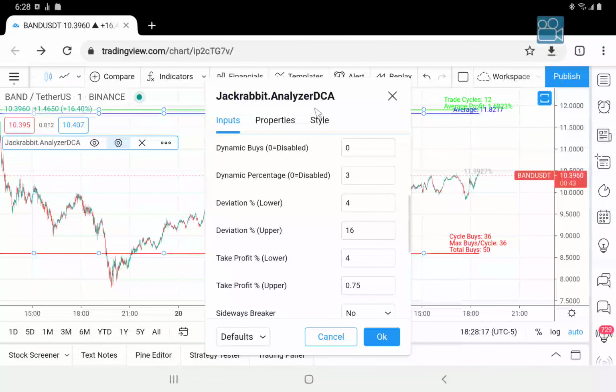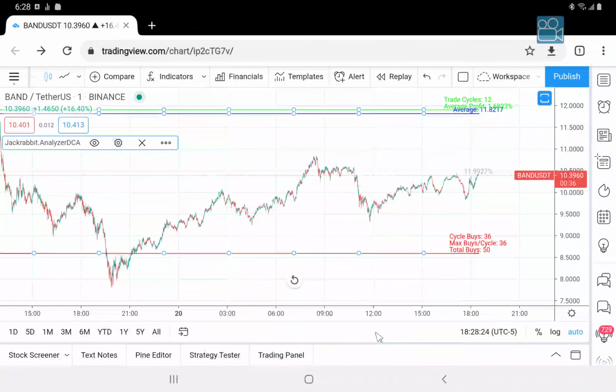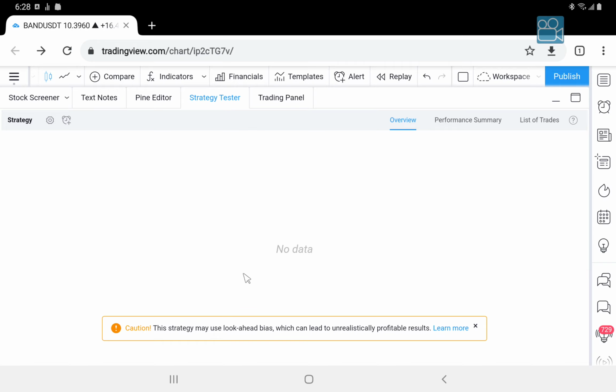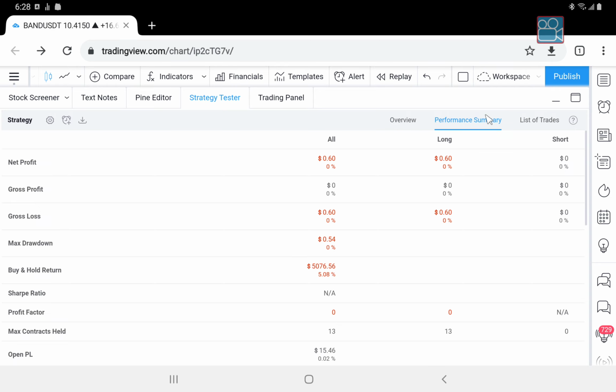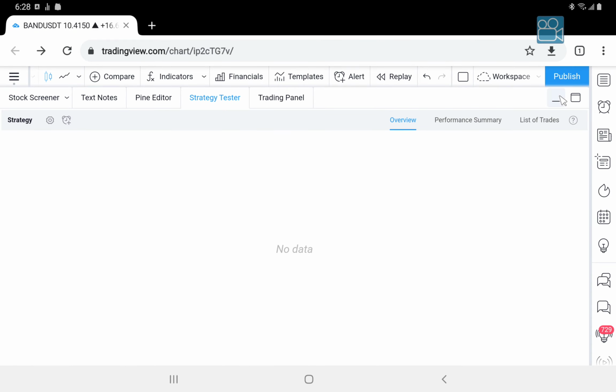This is both the Analyzer DCA module and the regular DCA module itself. And it does have an impact on your profits when it's working right. So let's see if I can get this to trigger.